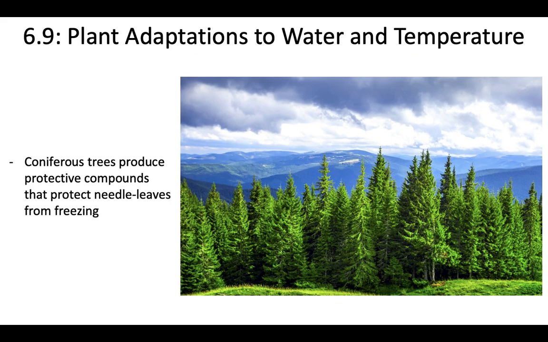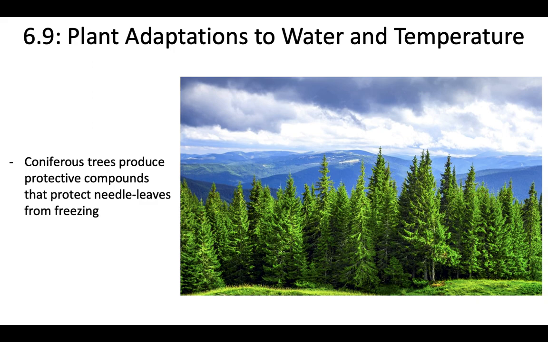Another really cool adaptation, which was unique to those huge pine cones I just showed you, are coniferous trees. In their needles, they actually produce protective compounds that protect needles and leaves from freezing. So evergreens, plants that keep their leaves even during the winter when there's less light availability and lower temperatures, produce compounds in their leaves that protect them from freezing damage.